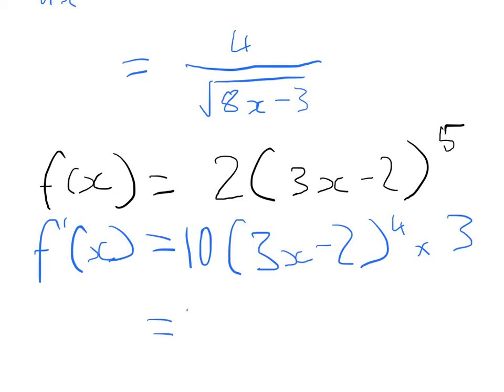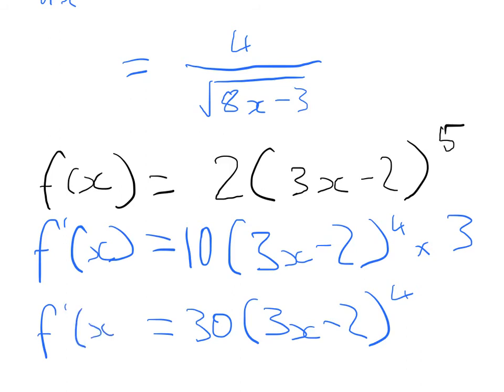So that equals 30 times 3x minus 2 to the power of 4. Now you see that as a lot more elegant solution than expanding it, differentiating it, and then trying to factorize it. We can do it all in 2 lines.